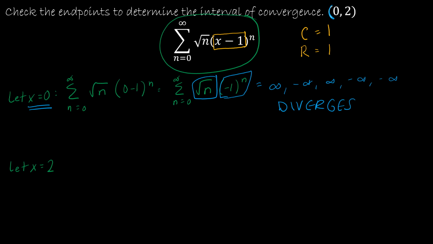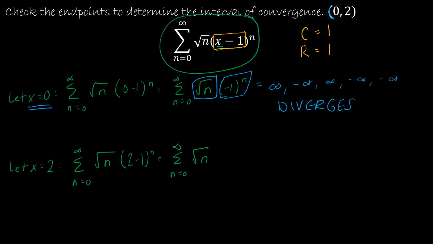Looking similarly at x equals 2, the summation as n goes from 0 to infinity of radical n over, now replacing x with 2, 2 minus 1 to the n. That is the summation of radical n, and 2 minus 1 is 1, and 1 to the n is always 1, so I'm not even going to worry about that.